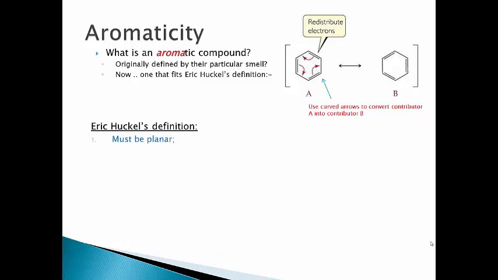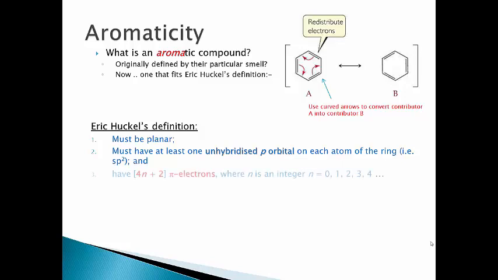And that's how we characterize things as being aromatic. So first of all, the molecule must be planar. It must have at least one unhybridized p orbital. To have one unhybridized p orbital, it must not be more than sp2. So sp2 is kind of like our ideal Goldilocks for Huckel's definition.